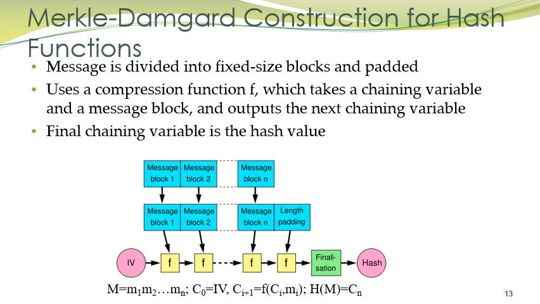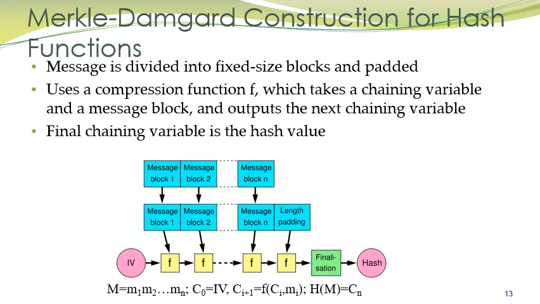If the size of the last block is less than the predefined block size, suppose we have defined the block size as 512 bits and the message is shorter, then padding is used. Padding means that to make it 512 bits, zeros are appended at the end of the message. Then it uses a compression function f.